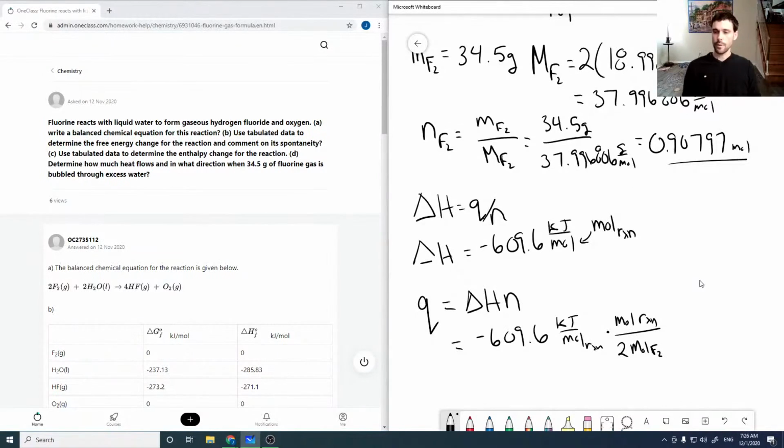So per mole of reaction, there's 2 moles of fluorine, and then we're multiplying by the number of moles of fluorine that we just solved for.